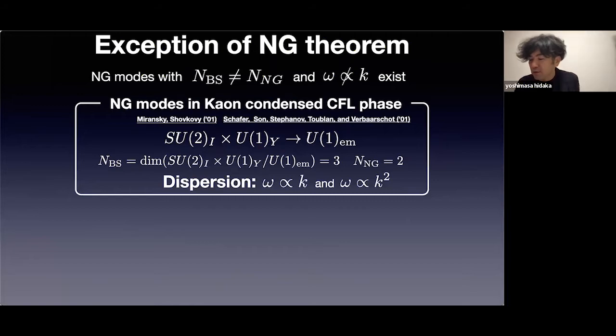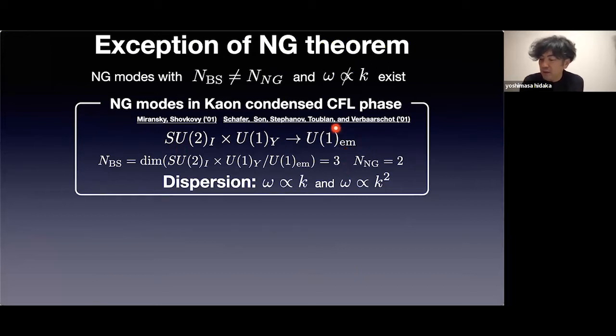The symmetry breaking pattern is simple: SU(2) times U(1) symmetry is broken down to U(1). The number of generators is 4, and U(1) has just 1 generator, so the number of broken generators is equal to 3.